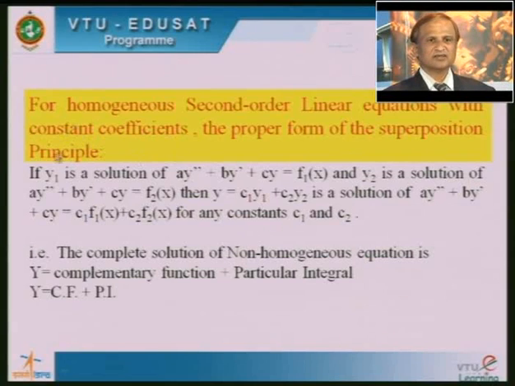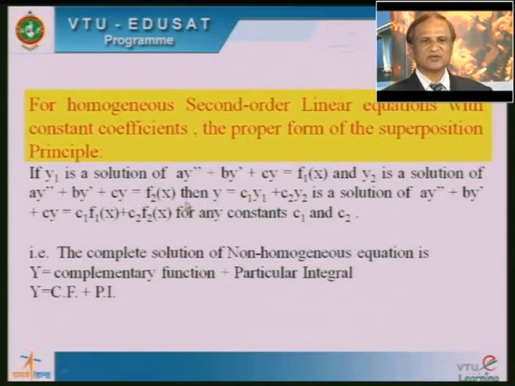Is it clear? For the homogeneous second order linear equation with constant coefficients, we use the superposition principle. Exactly in the similar way here, suppose y1 is a solution of a y double prime plus b y single prime plus c y is equal to f1(x), a forcing function, and y2 is a solution of a y double prime plus b y single prime plus c y is equal to f2(x).